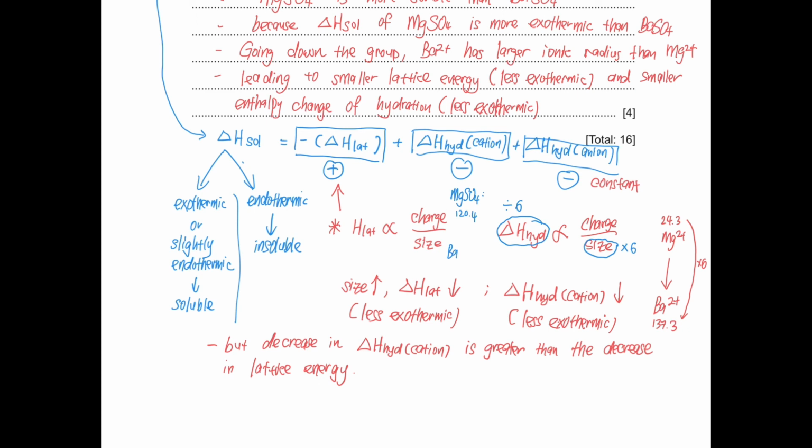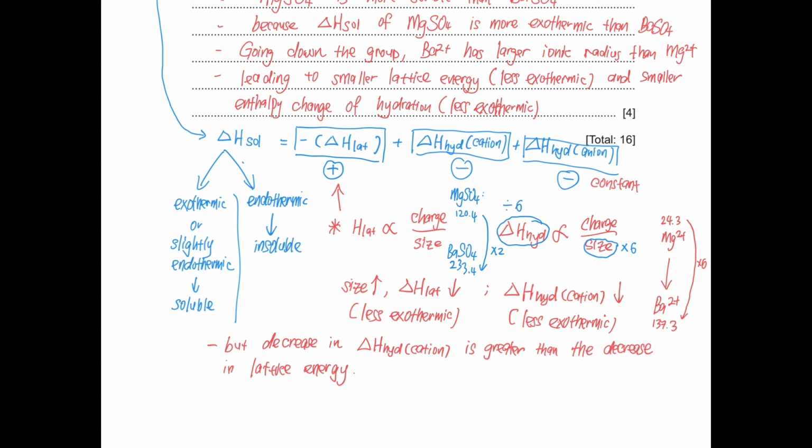Barium sulfate has a mass of 233.4. So the change in mass is about 2 times increase.